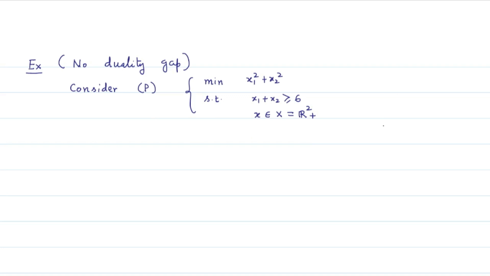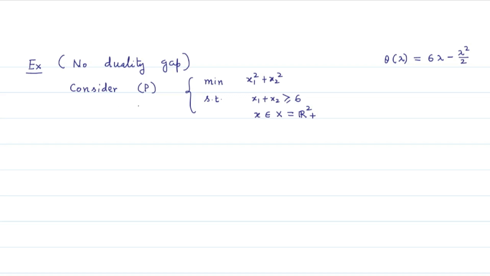And for this problem you go for formulating the dual problem, and let me hint here, the dual objective function will have the expression theta lambda equal to a smooth expression given by 6 lambda minus lambda square by 2, which is a smooth, differentiable function. So you have an example here that the dual objective function can be a smooth objective function.